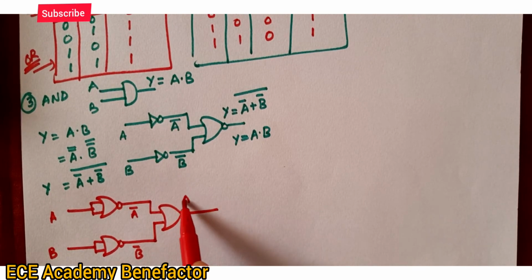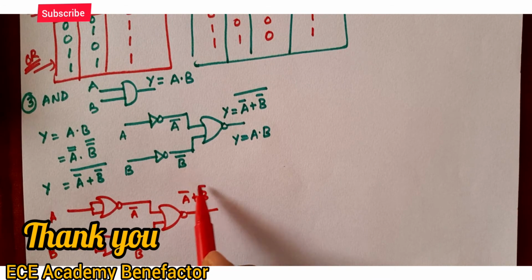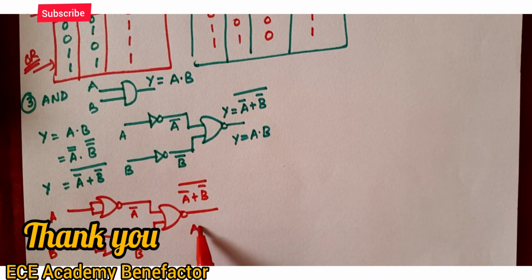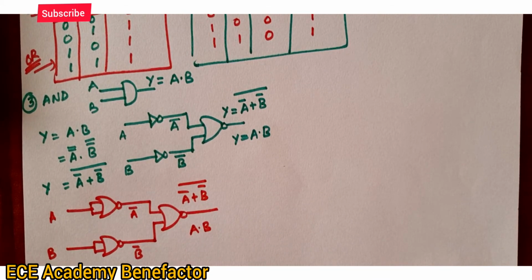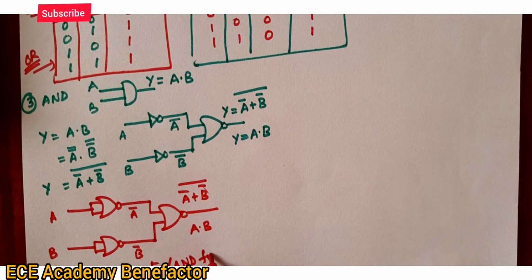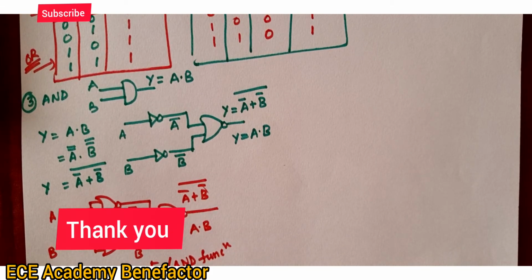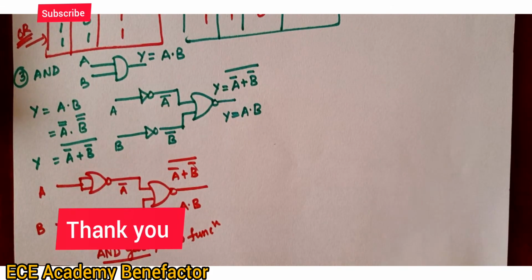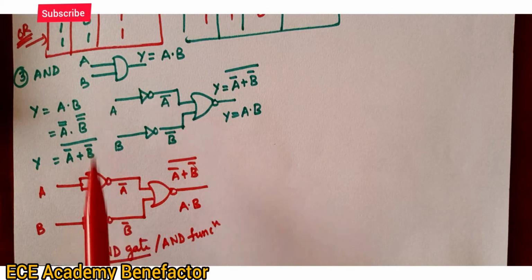So you are getting here A bar plus B bar the whole bar, which is equal to A dot B. So this diagram is an AND gate function. Okay, so we can design an AND gate using NOR function in this way.